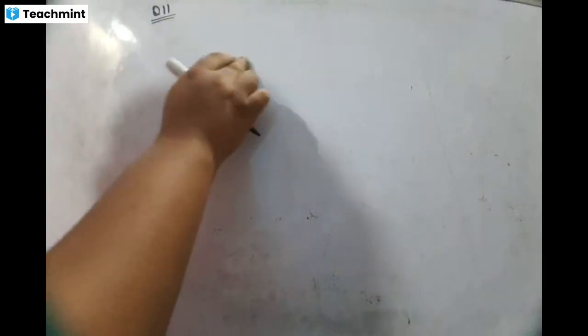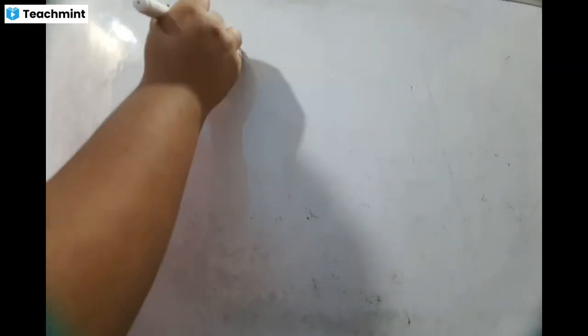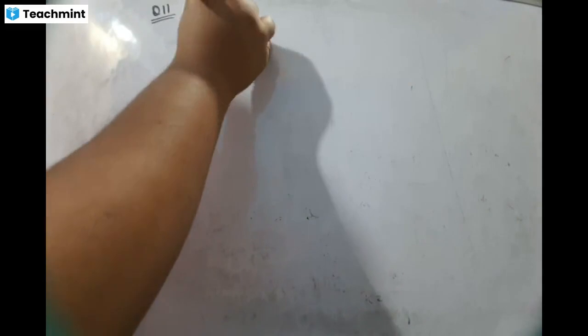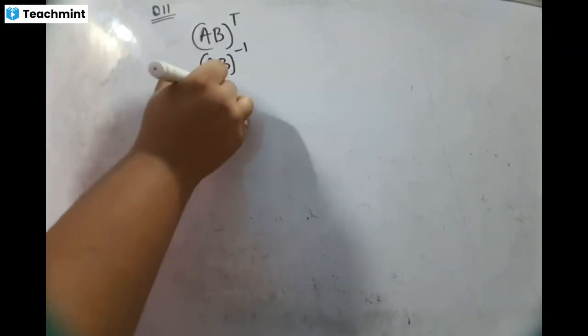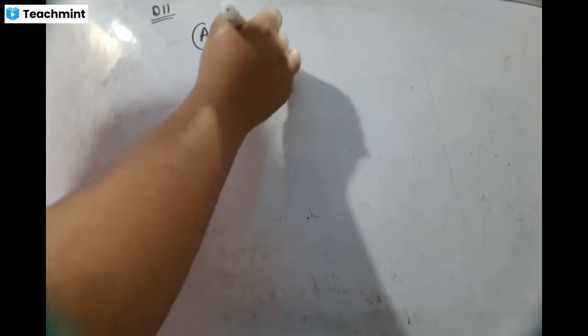So always keep in mind in matrices that whenever there is a product, the position of the matrices changes. For example, AB transpose, AB inverse, and adjoint of AB all follow the same concept.